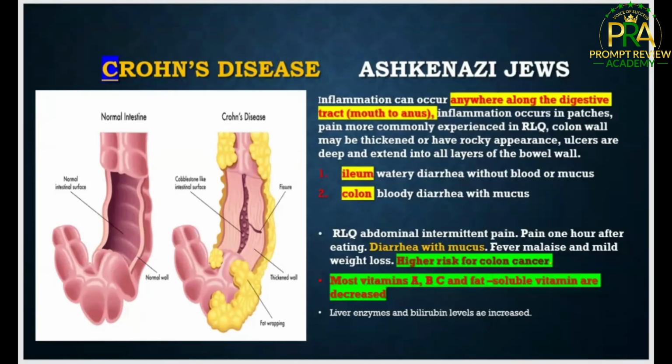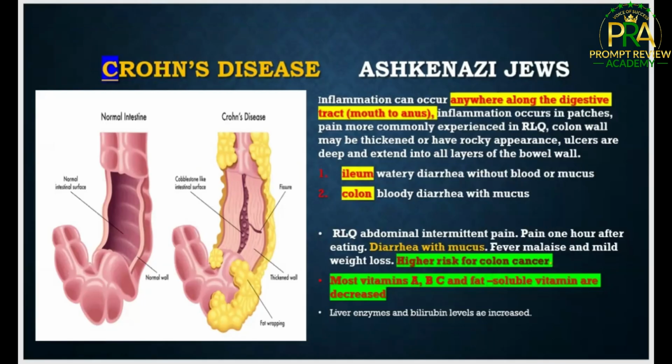So it can happen in any part of the GI. That is your Crohn's disease. So what do I mean by any part of the GI? If you look at this, it can occur from the mouth to the anus. So inflammation occurs in patches.